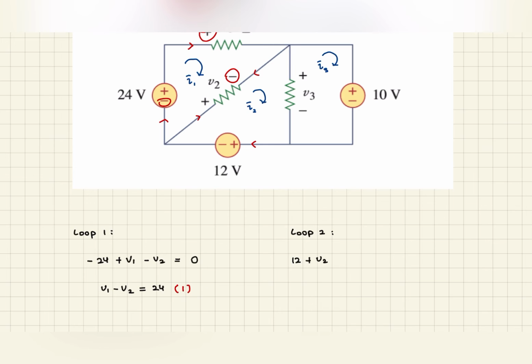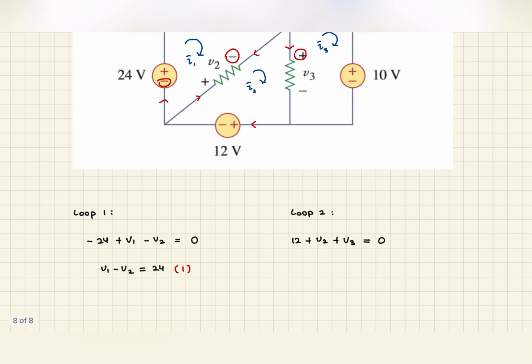And then finally it goes through V3 through the positive terminal, so we add plus V3. And this should equate to 0 again. Tidying up the equation, we will get V2 plus V3 equals negative 12. And this is our second equation.